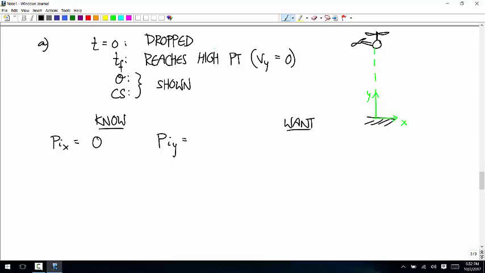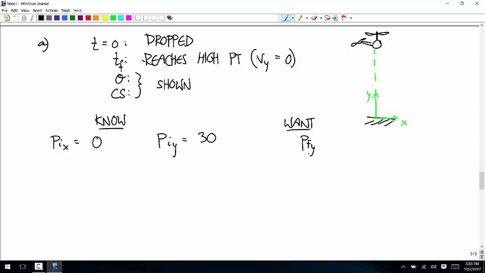Because that's pretty much how I always choose the coordinate system. If you choose the coordinate system on the ground, right underneath the object at time equals 0, then it's always going to have an x initial position of 0. PIY then is positive 30. Do we know anything about P final? Yeah, we want PFY.